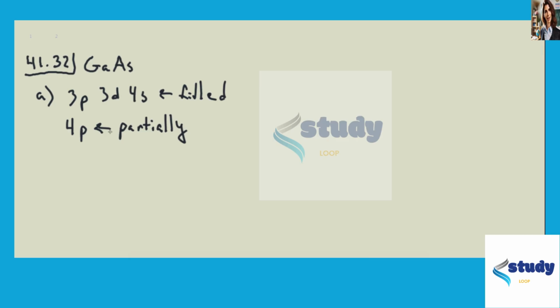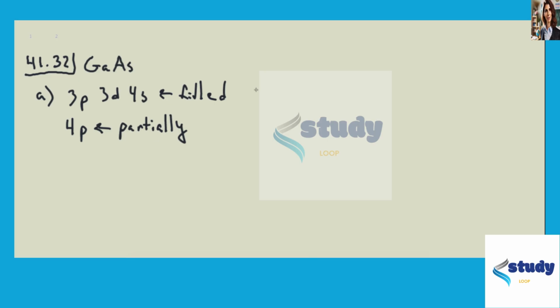And so we have a neutral arsenic atom. It has 3 electrons in the 4p shell, and a gallium atom has 1 electron. So we need 8 shared electrons for the 4 bonds that each one has. They have to share both electrons from the 4p and the 4s shells.